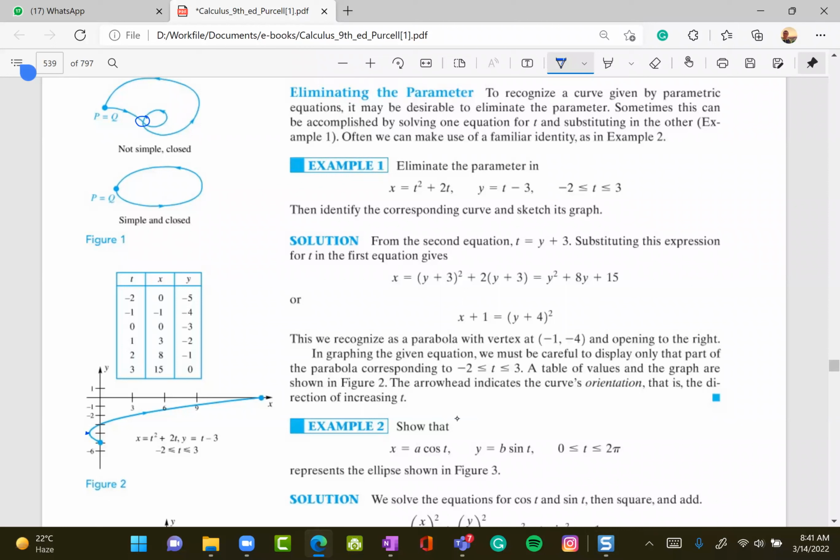This is the initial point. This is the end point. And in between you have this point, plot this one. So you end up with this picture. You start with 0, negative 5. So you start here, actually. So that's the direction.